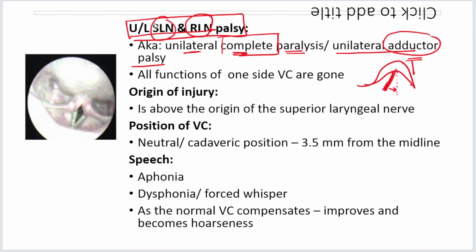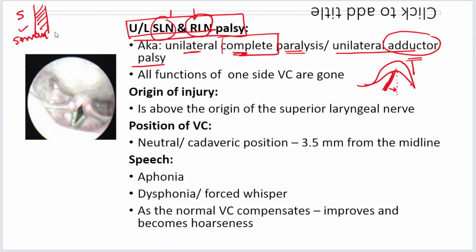Now coming to the understanding of what happens in one-sided superior laryngeal nerve and recurrent laryngeal nerve palsy. Coming to the sensory aspect, the entire nerve supply of the right-sided larynx is gone. So there is no sensory innervation.